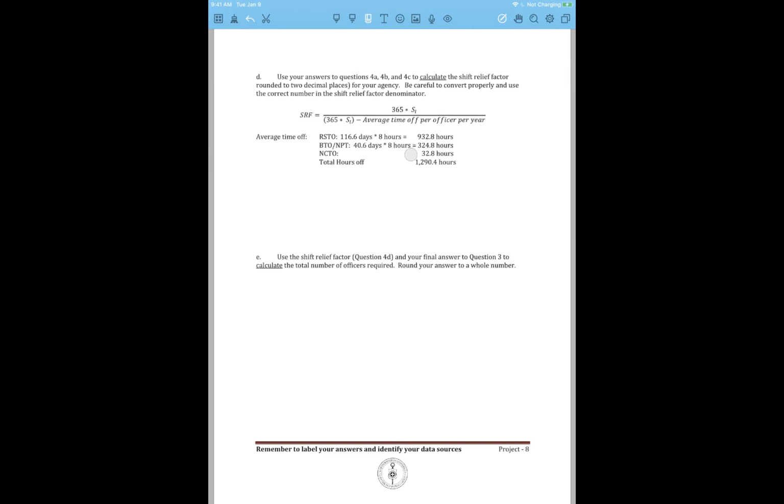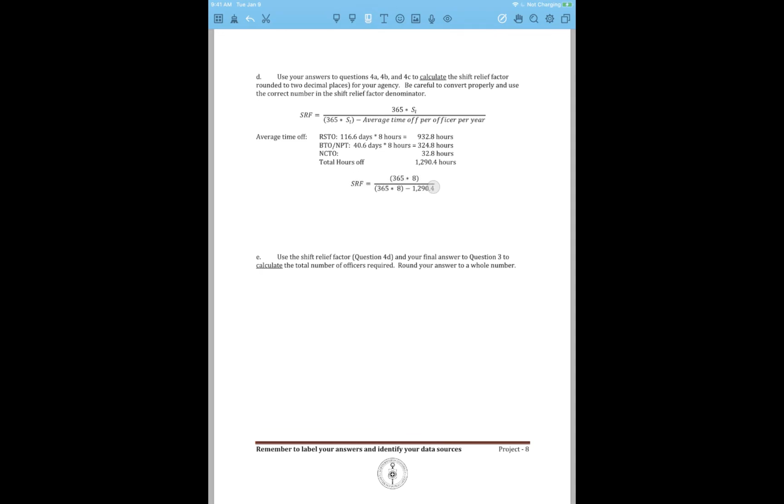And my net comp time off, I already calculated that in hours. So I'm going to use that 32.8 hours. And then I simply add those numbers up, and that is my average time off per officer per year, which is 1,290.4.